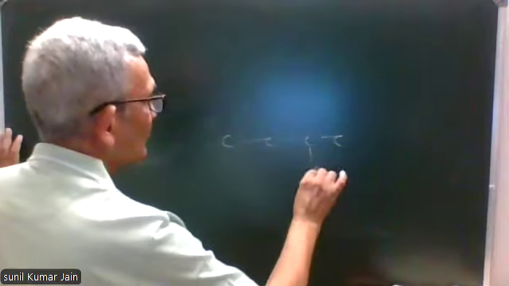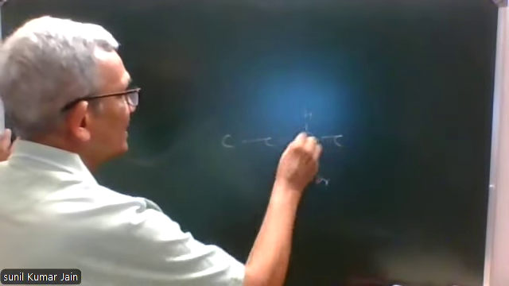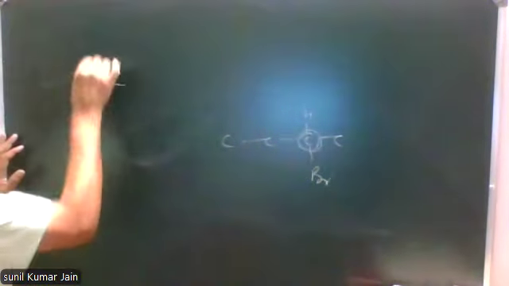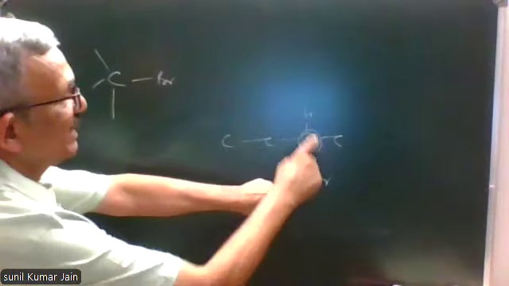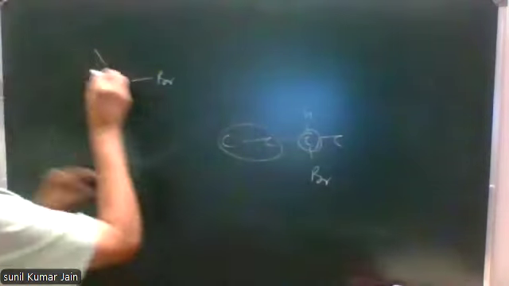I'll take an example. Let us say we consider dextrorotatory 2-bromobutane. This is the chiral center. Bromine, hydrogen, methyl, and ethyl.